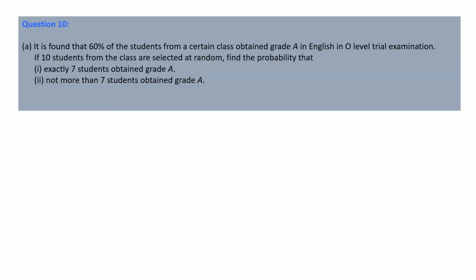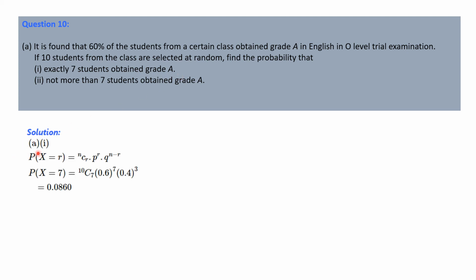Alright, let's move to the last question, question 10. It is found that 60% of the students from a certain class obtain grade A in English in O-level trial examinations. So, if 10 students from the class are selected at random, find the probability that exactly 7 students obtain grade A. So, let's look at part 1.